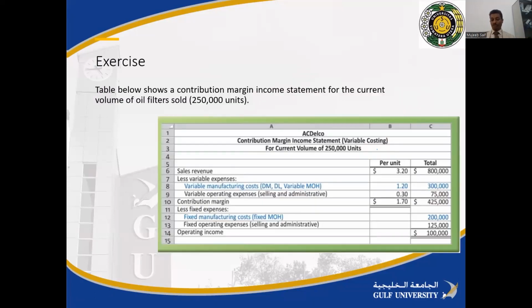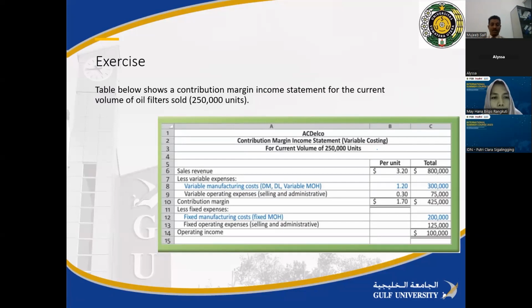So I'm not sure if you can see this exercise. This is one exercise. We will try to see how we can make a decision regarding this exercise. The table below shows a contribution margin income statement for the current sales of oil filters, 150,000 euros. So I'm a managerial accountant in this organization.